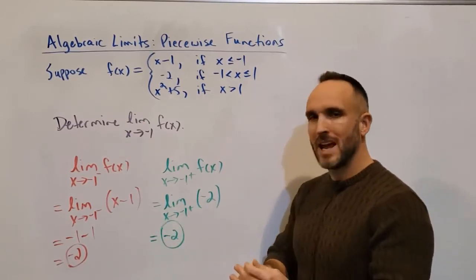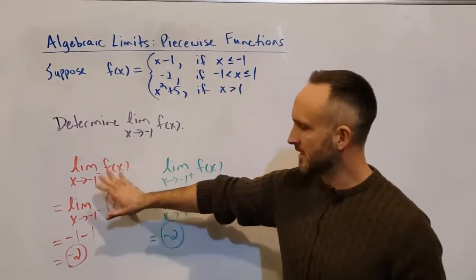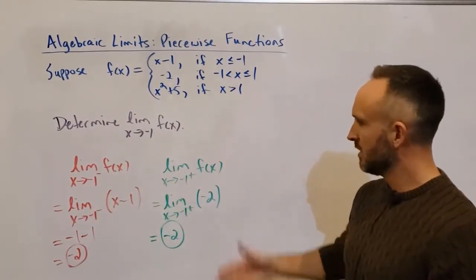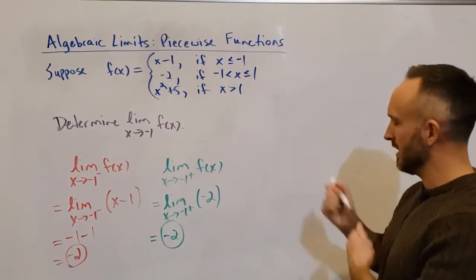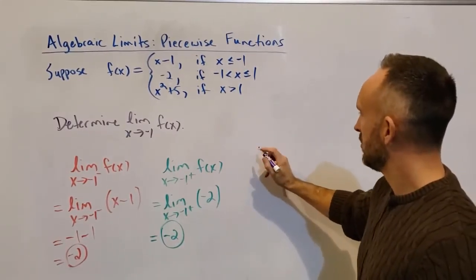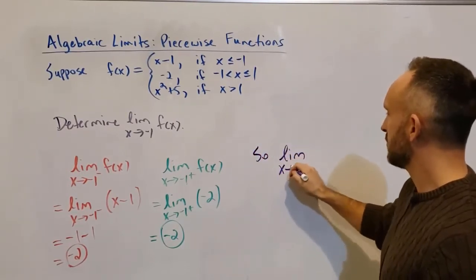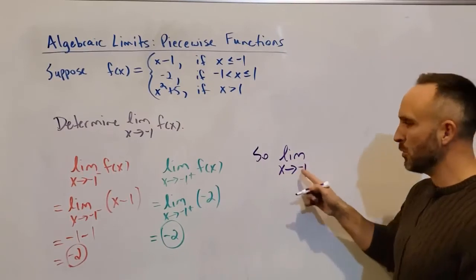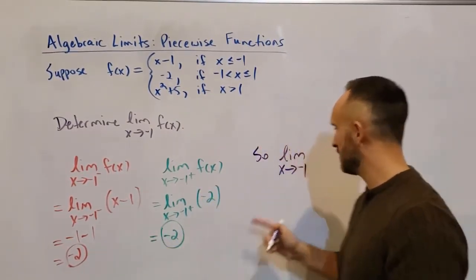All right? So now we know both one-sided limits. The left-sided limit results in -2. The right-sided limit results in -2. So the conclusion is, the limit as x approaches -1 from both sides, as we approach from both sides, the y value approaches -2.